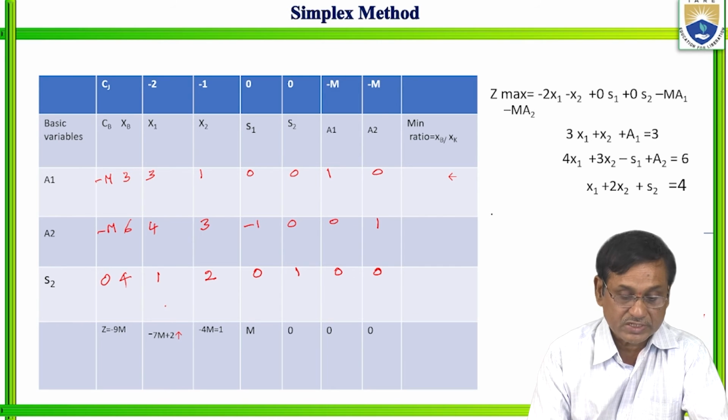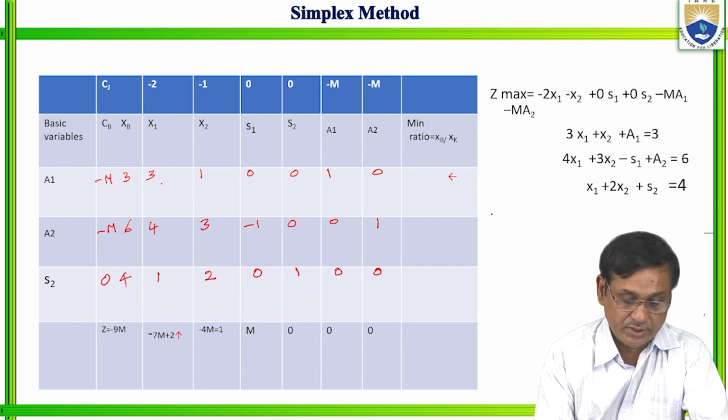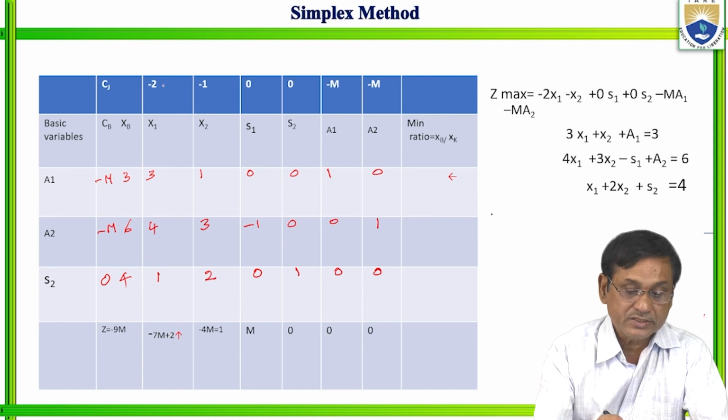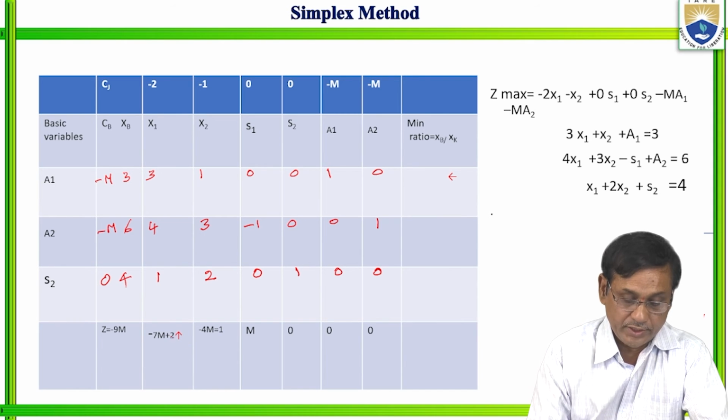Then corresponding to the first column, -M into 3, -M into 4, that is -7M, minus of -2 is +2, -7M plus 2, the delta value in the first column. In the second column, -M into 1 plus -M into 3, that is -4M, minus of -1, that is +1.